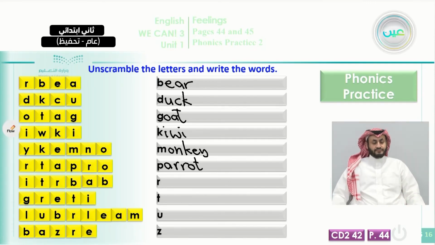And here also a word starts with R. You can write rabbit, R-A-B-B-I-T, rabbit. And here we have what? The word starts with T. Yes, it is a tiger. How do you spell tiger? T-I-G-E-R.